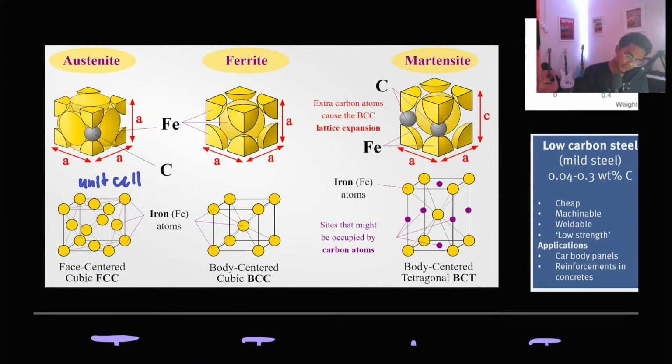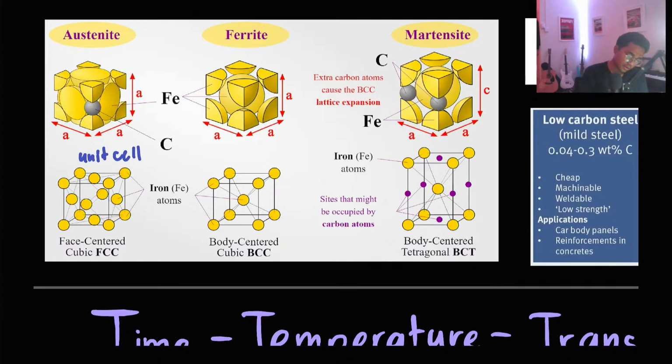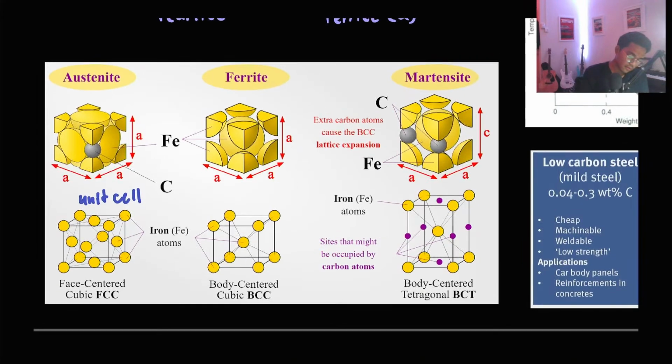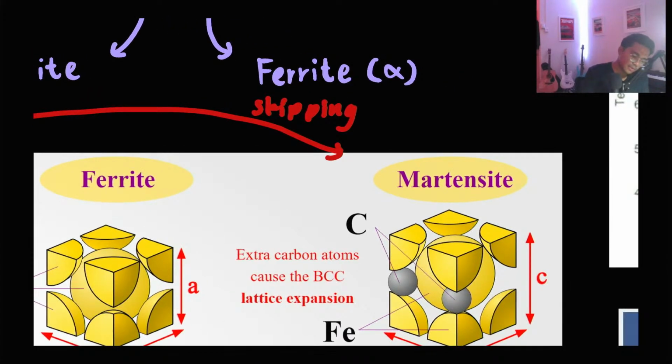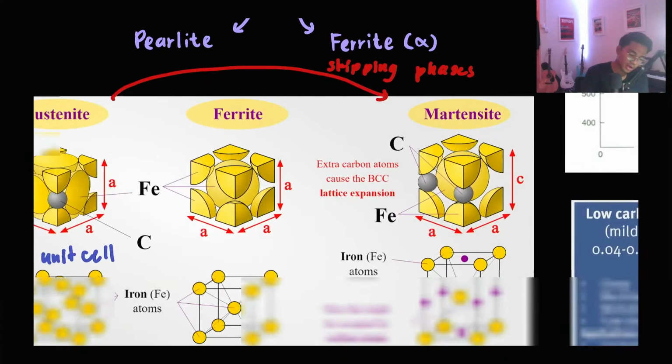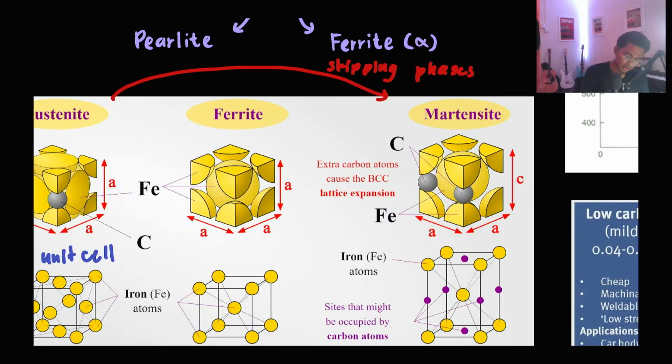So this is the BCC from austenite. If you have martensite, it will be rapidly cooling from austenite to martensite. You will be skipping phases because you are rapidly cooling the material.